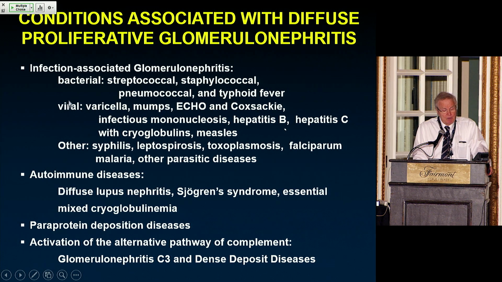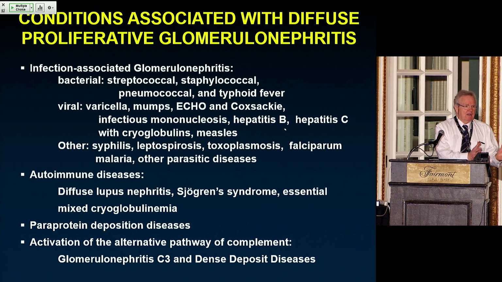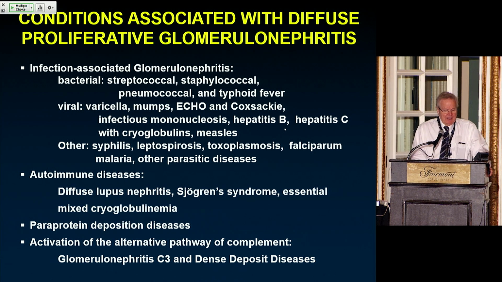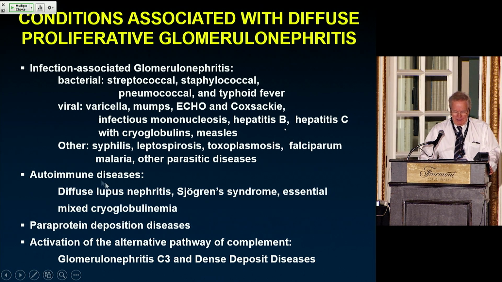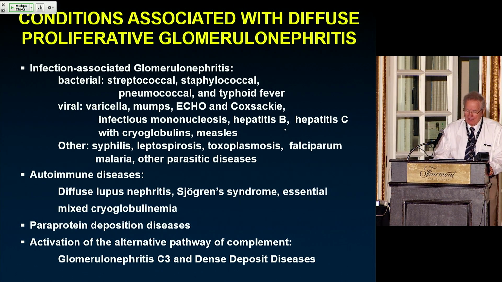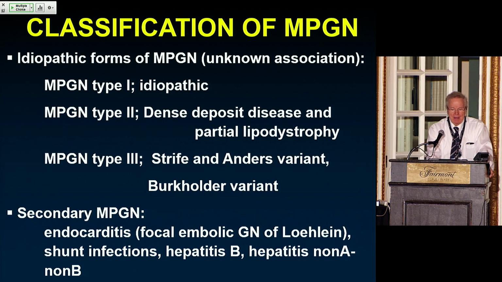And then the second group of diseases, of course, autoimmune diseases. So when you see an immune complex disease like this, think either acquired infections or an autoimmune disease. The other two we will discuss in a second. But those are the two large groups of diseases with classic activation of complement.